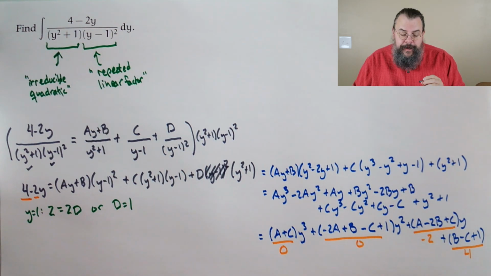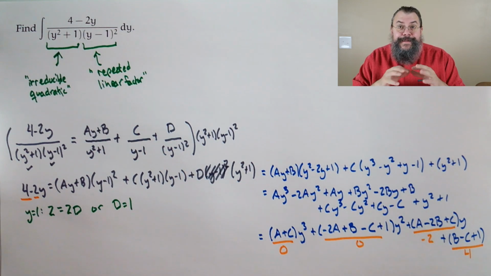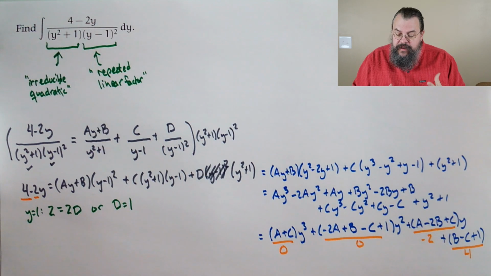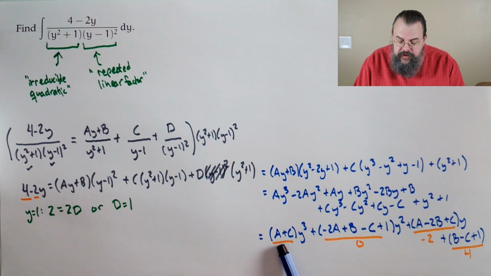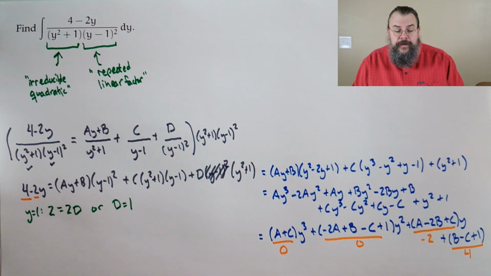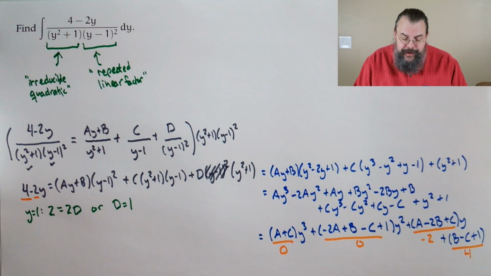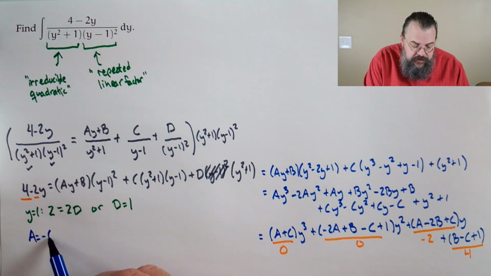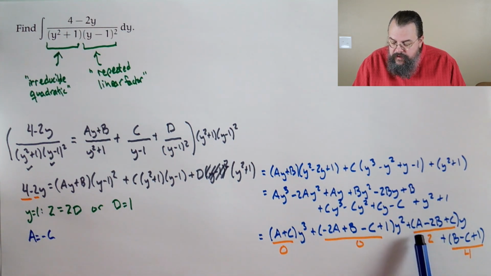Well, and now we start getting our hands a little bit dirty. Now, the first thing we can spot is some easy things to say. Well, look, a plus c has to be 0. Okay, let's use that. So we know that a has to be negative c. Now notice this last equation here.